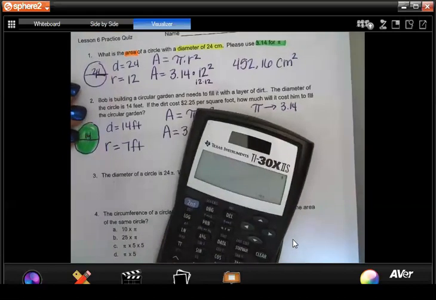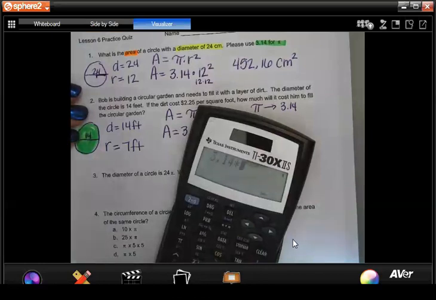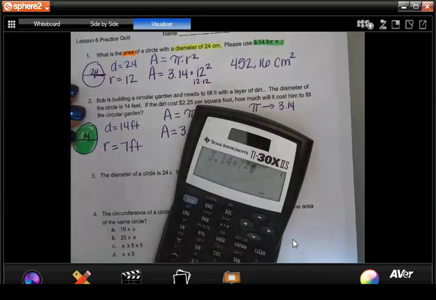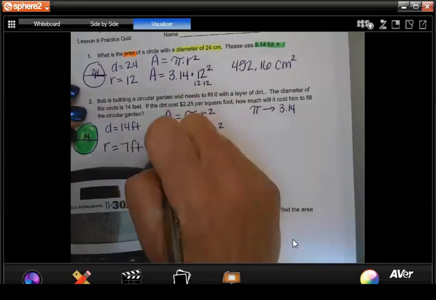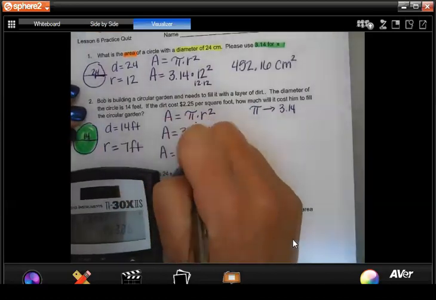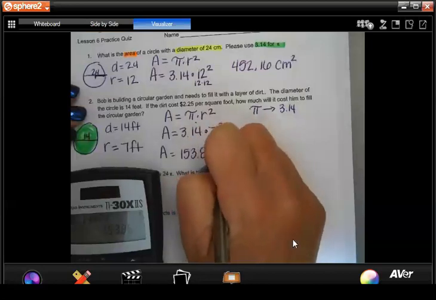So you can do 3.14 times 7 times 7, right? Or you can do 3.14 if your calculator has the little x squared, you could do it that way. You get the same answer. So the area of this circle is 153 and 86/100 feet squared.